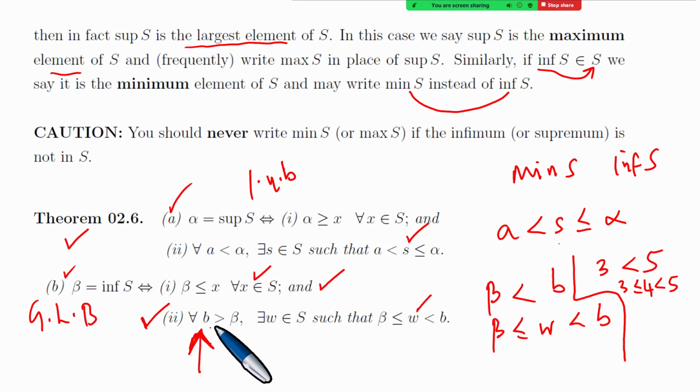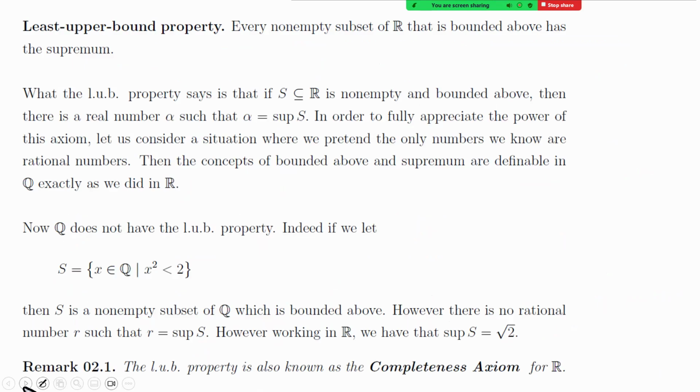Then there exists some w in S such that you can sandwich it between beta and b. Okay, so this is like sandwiching. It's just a theorem that has been developed, but nothing very peculiar about it.